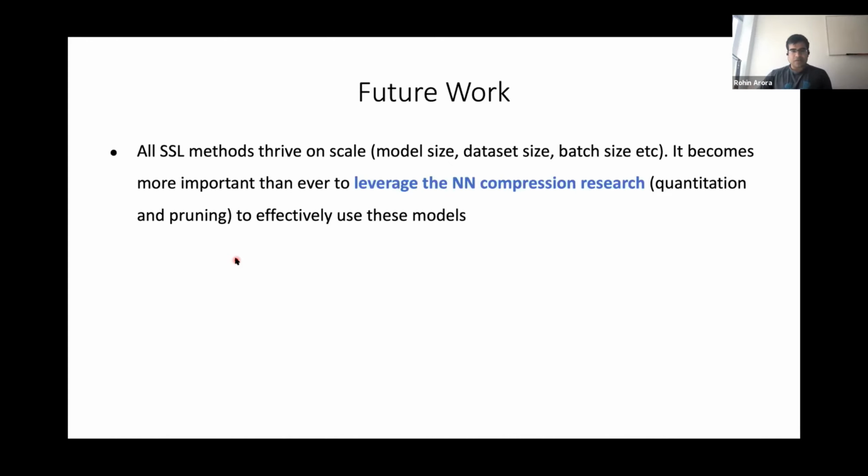But we haven't seen that kind of research being leveraged by the vision community when our models are becoming just huge. So I do think it will definitely help a lot, because these techniques can help the network become 10 times smaller without hurting accuracy. So imagine you are getting 10 times the GPU budget without hurting accuracy virtually.